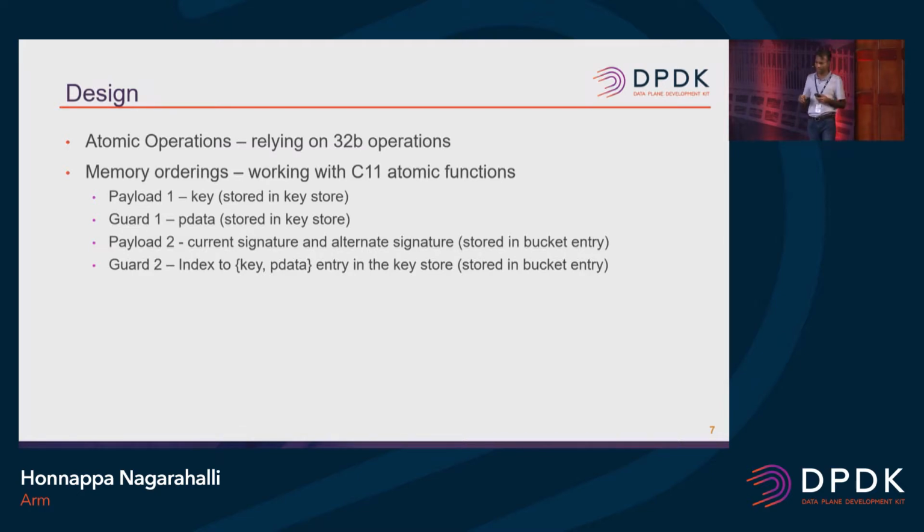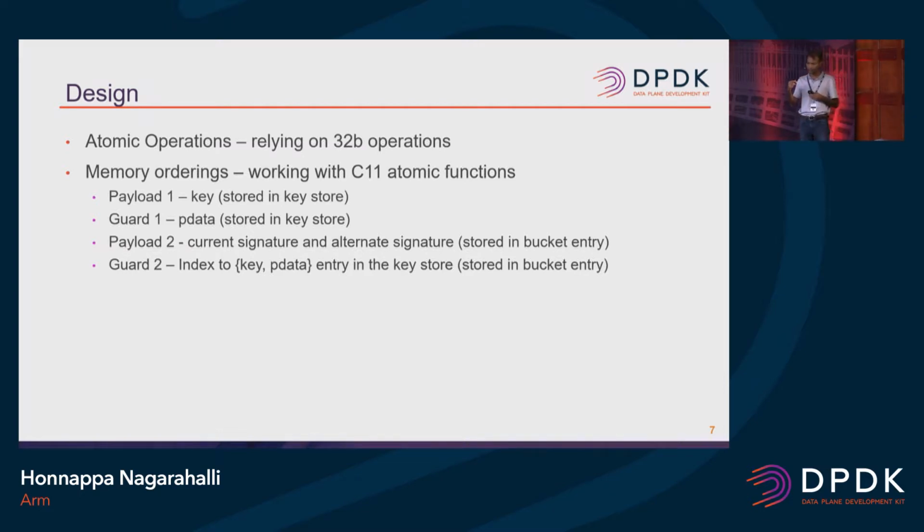The first set is the key itself. The key is the payload, and it need not be an atomic operation. It can be just a series of stores. Then the guard for the key is the data. So that has to be atomic. Both of them are stored in the key store.